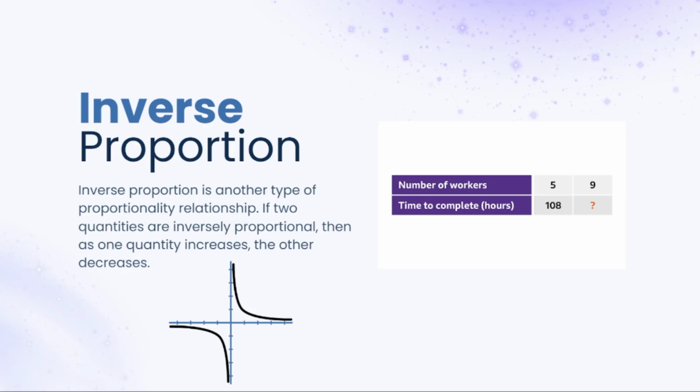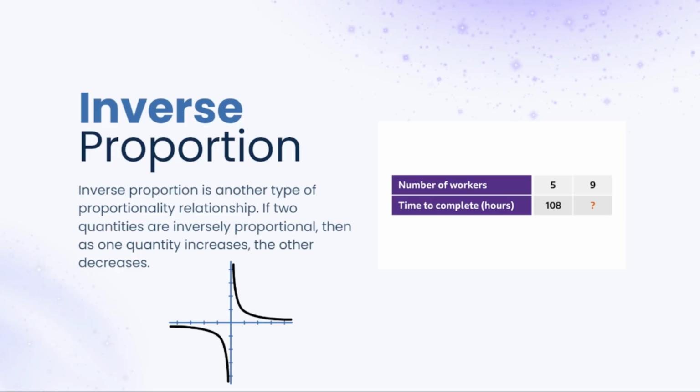The amount of time it takes for 5 workers to do one job is 108 hours. But the question is asking how many hours it will take for 9 workers to do the same job.